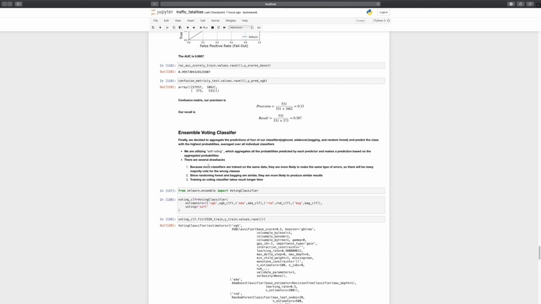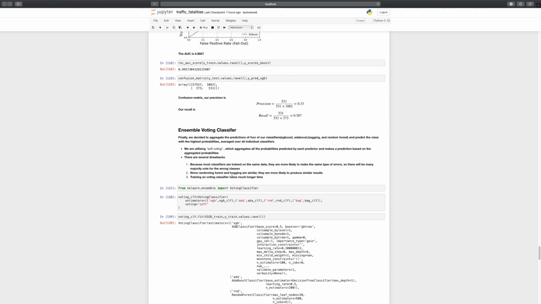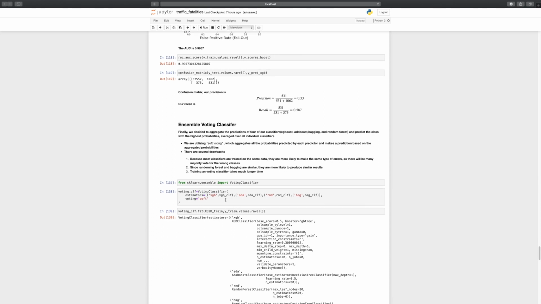In our case, we utilize soft voting, which aggregates all the probabilities predicted by each predictor and makes a prediction based on the aggregated probabilities. So it's not based on the outcome, it's based on the probabilities predicted by each one, aggregated most likely using mean or mode, and then it predicts the outcome based on those probabilities.